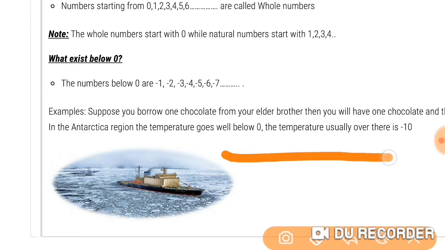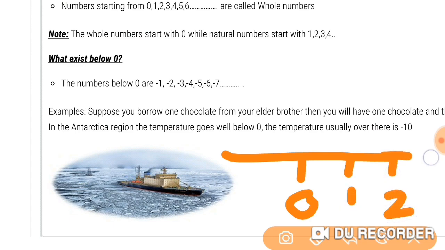See, as we can see on the number line, this is your 0. We always write 1, 2, 3 and so on from left to right. It means 0 is lesser than 1, 1 is lesser than 2, 2 is lesser than 3.